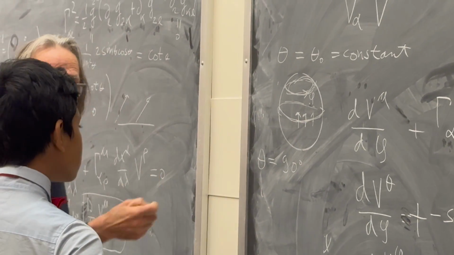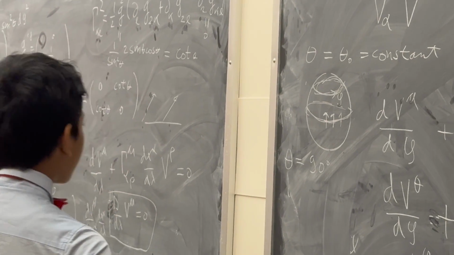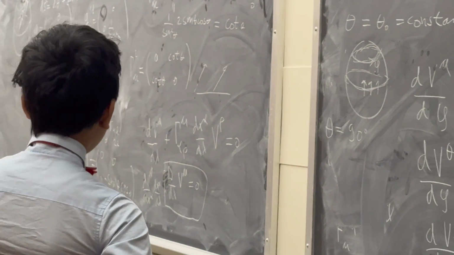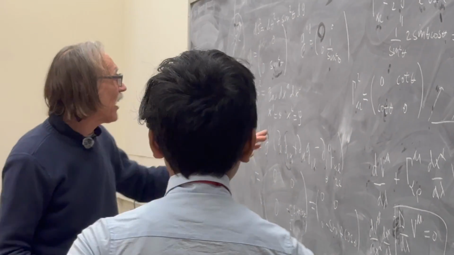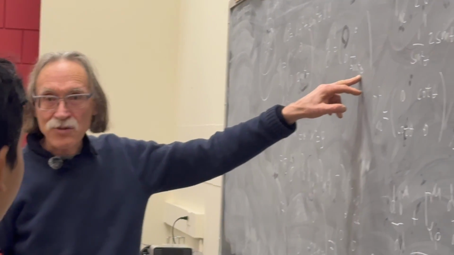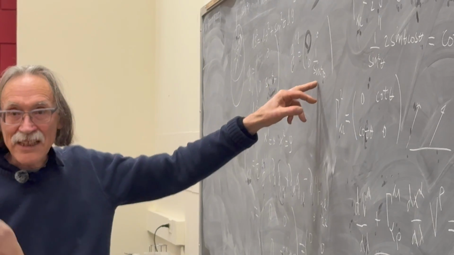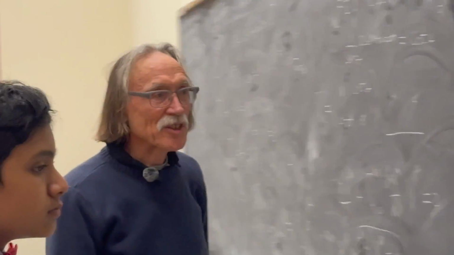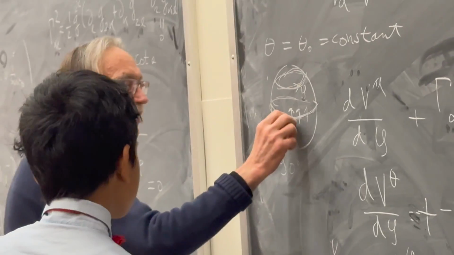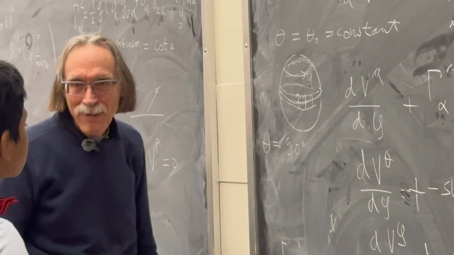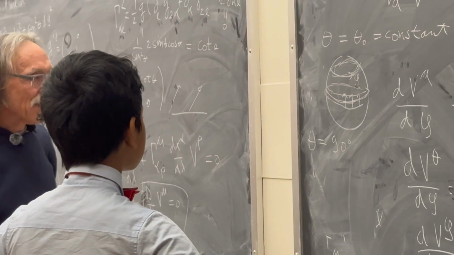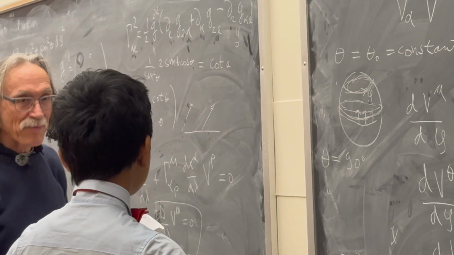So the vector stays the same. And you see indeed that it works. And if you look at the metric at theta equal to pi over 2, it is just the identity. So that means if you have a sphere and you are close to the equator, actually you have just a flat metric. So that means something that is parallel stays parallel.